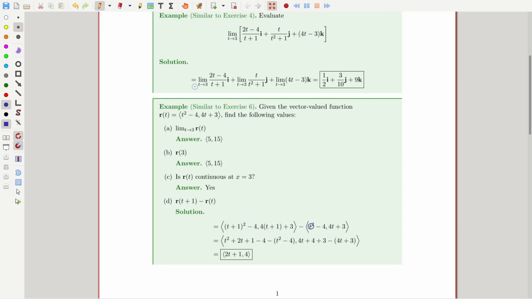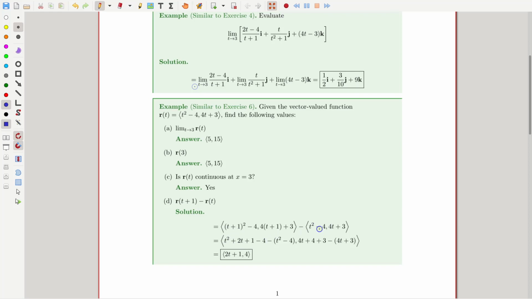The way you normally do vector subtraction is you subtract each of the component functions. So the x component function minus the x component function, and the y component function minus the y component function. When you do that, you will end up with this. I also expand, so t plus 1 quantity squared gives me t squared plus 2t plus 1.